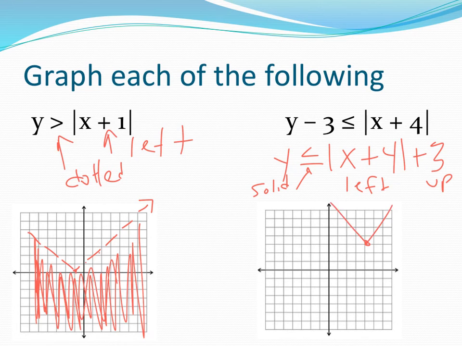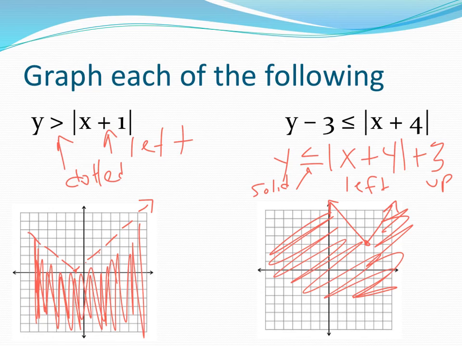And absolute value. And I want less than, so it's going to be all of this space in here. So anywhere where the shaded region is, or on the actual line itself, that would be a solution to this curve.